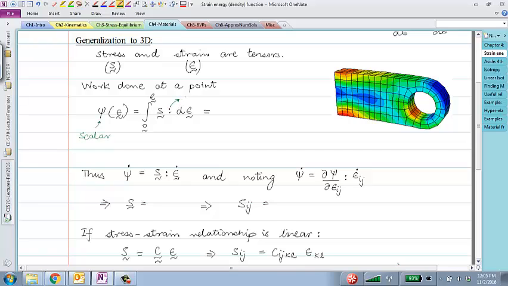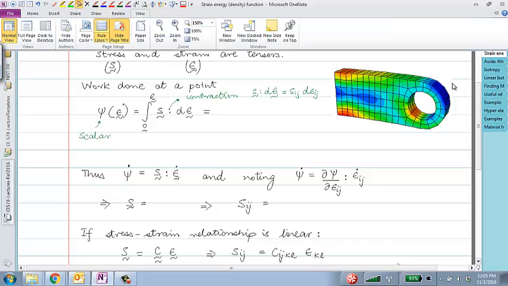That's the contraction operator. And what that means is that S double dot d epsilon as a tensor is equal to S_ij d epsilon_ij. And again, I'll take an aside here.